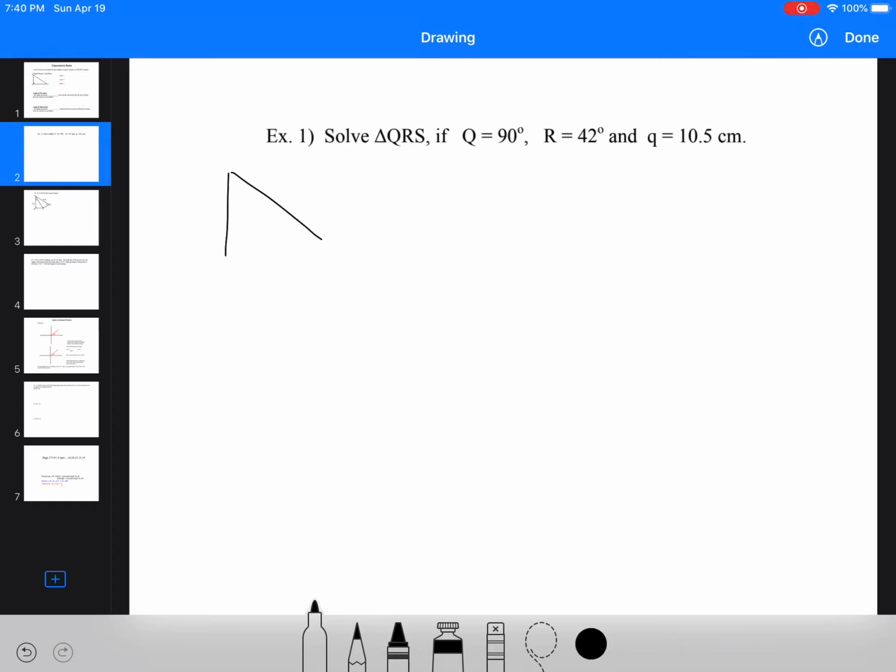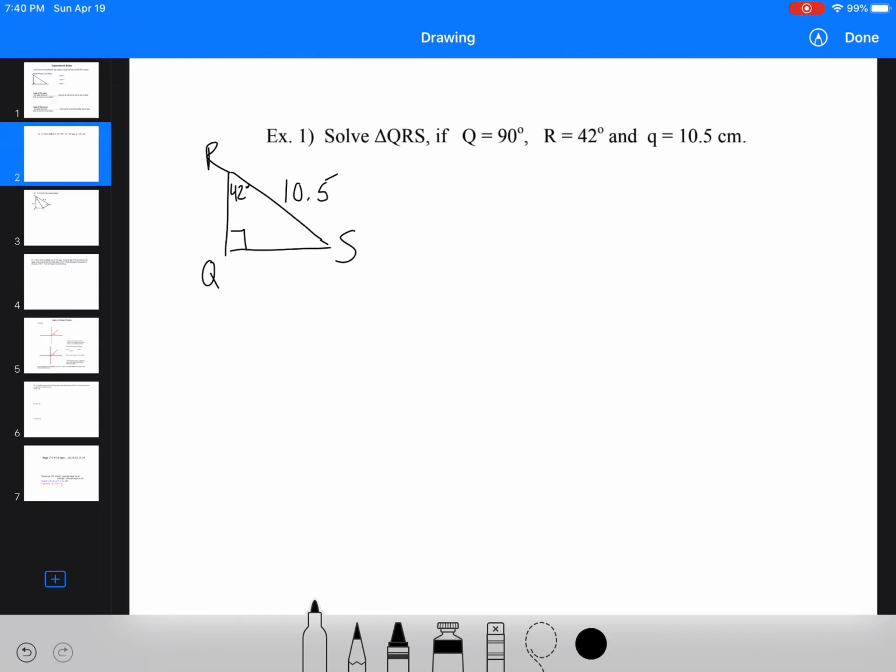Let's just do a few examples here. Solve triangle QRS, where angle Q is 90 degrees. Almost all of my triangles will look the exact same. So in QRS, we know that angle Q is 90, so label that in there.